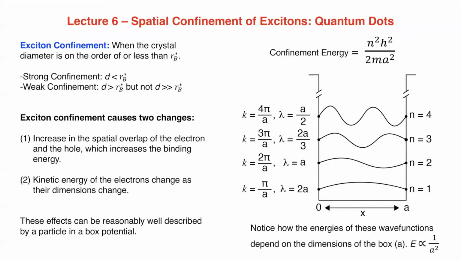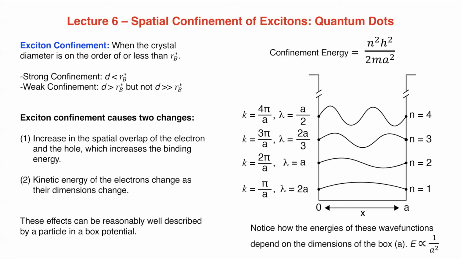The energies of these different wave functions can be expressed this way, where you take the integer multiple of the function of interest, the dimensions of the box, and the mass of the electron, and you can calculate what those energies are. And you'll see that the energies go with 1 over a squared. So the energies depend upon the dimensions of the box.